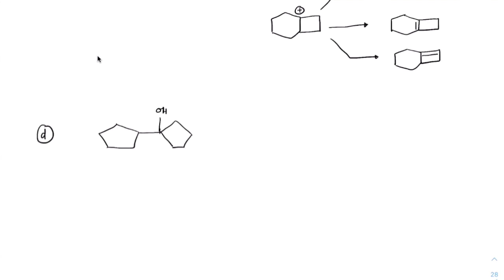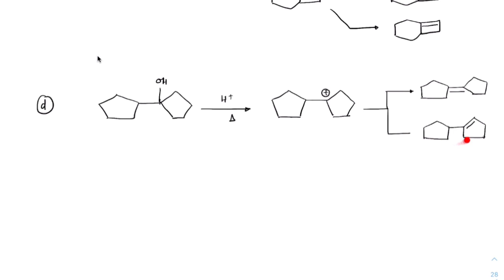OH is present here. So with H plus and heat, first what do we get? We get a carbocation here, and before even making any expansion, we can get these two products before rearrangement.